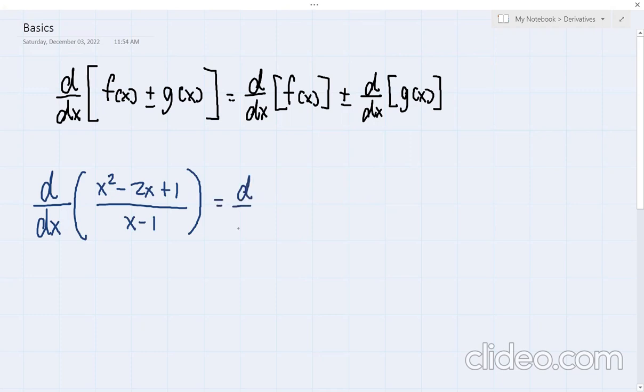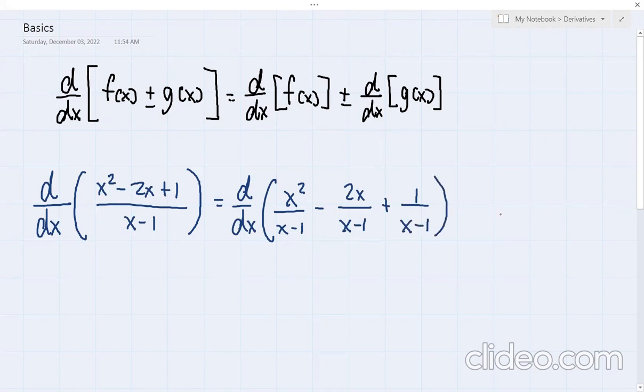This would be the derivative of x squared all over x minus 1 minus 2x all over x minus 1 plus 1 all over x minus 1. Pero ano ulit yung sabi ko kanina? Yung diniscuss ko lang kanina lang.